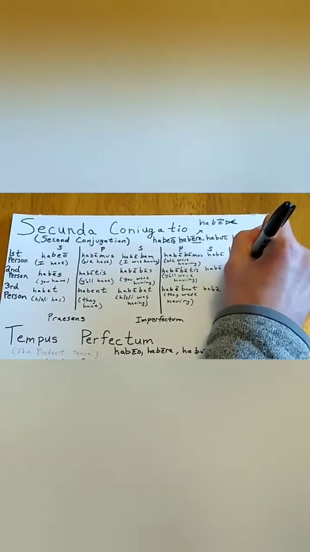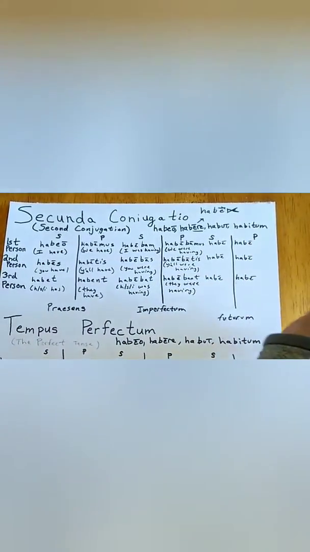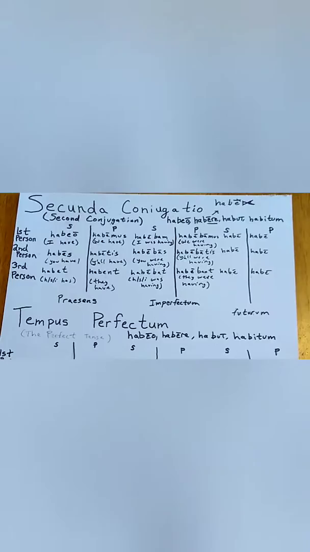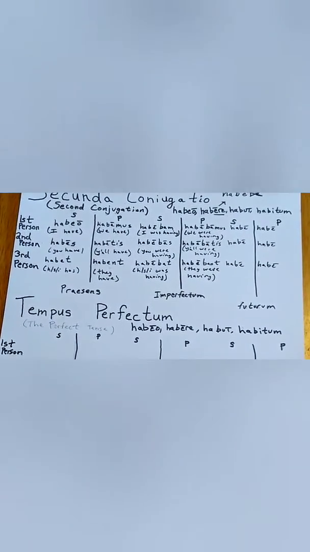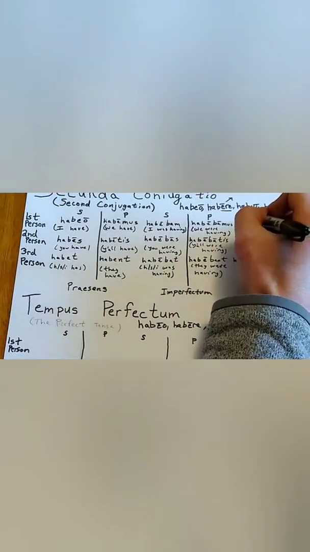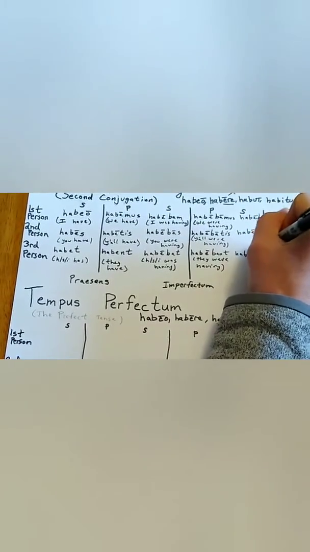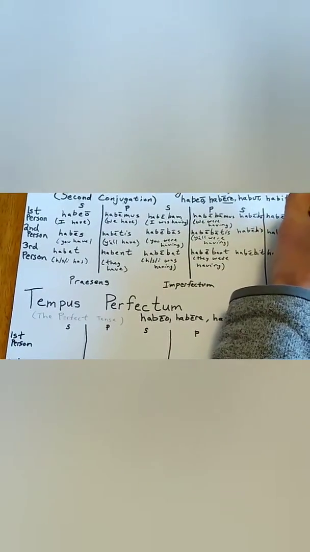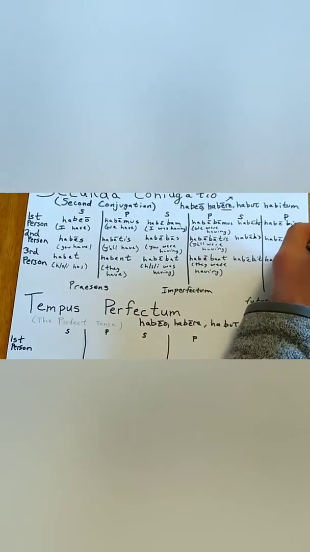Habe, habe, and habe. And then you add your future endings. Bo, bis, bit, bimus, bitis, bunt.